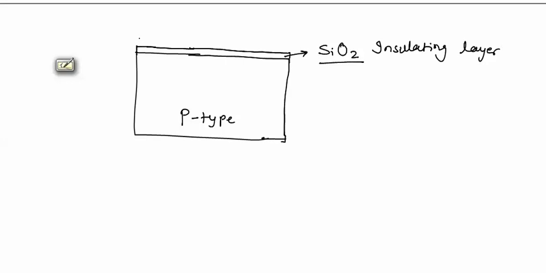And above this, a metal plate will be there. Nowadays in modern MOSFETs, this metal plate is not used. Instead of this metal, P plus polycrystalline silicon is used.